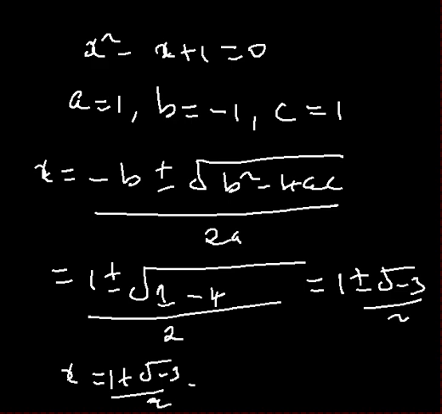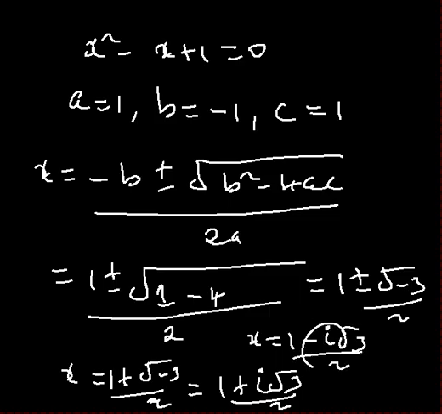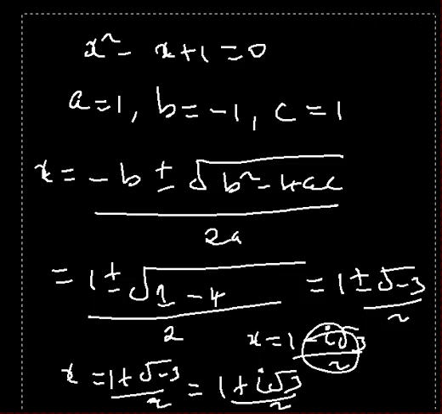From that point, x is 1 plus the square root of negative 3 divided by 2, which is 1 plus i times the square root of 3, divided by 2. That is one solution. On the same case, x is 1 minus i square root of 3, divided by 2. That is the solution in terms of the imaginary unit.